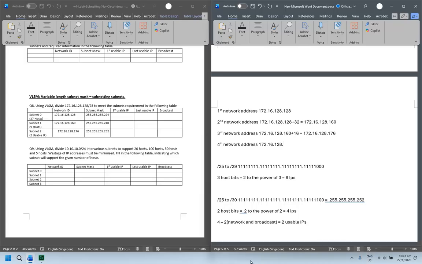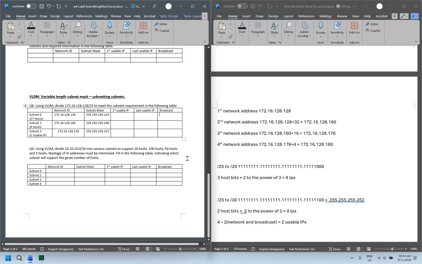You should be adding the total IP addresses of the current group, which in this case is 4. So 176 plus 4, we will be getting 172.16.128.180.